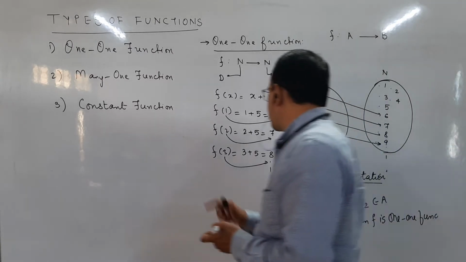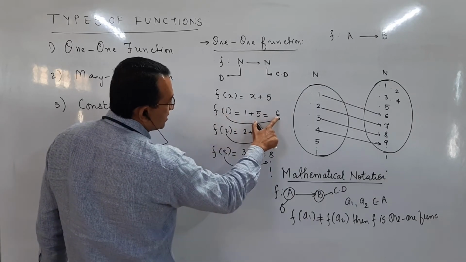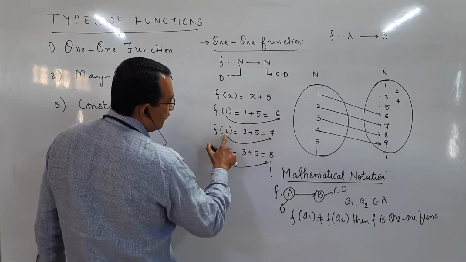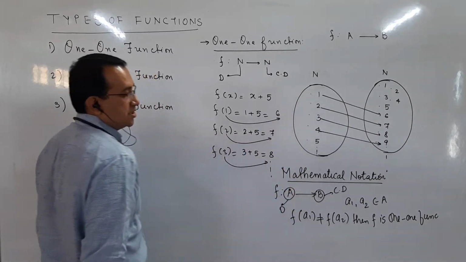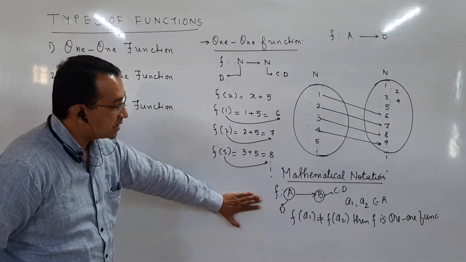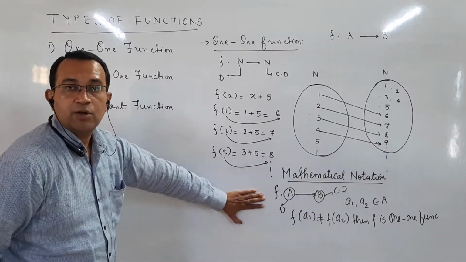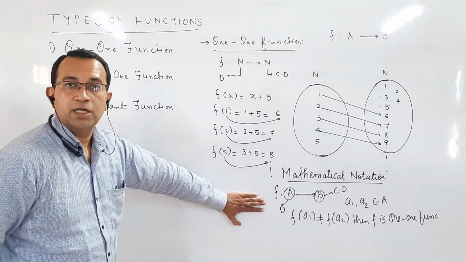Check. Suppose a1 is 1 and a2 is 2. f of a1, that is f of 1, is 6 and f of a2, that is f of 2, is 7. Definitely 6 is not equal to 7. So this function is a one-one function. This is the mathematical notation or mathematical definition of a one-one function.